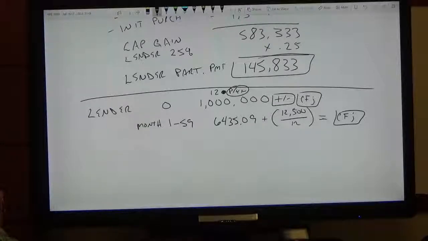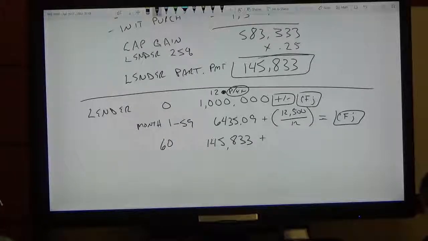Okay? Then for month 60 on this deal, the lender is going to get the $145,833 and whatever the change is, plus what else are they going to get?